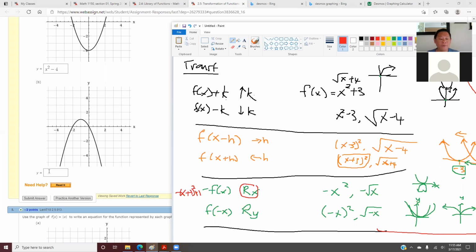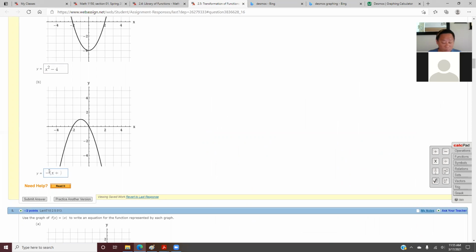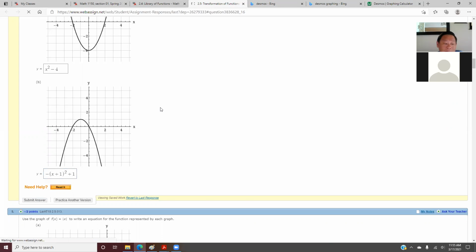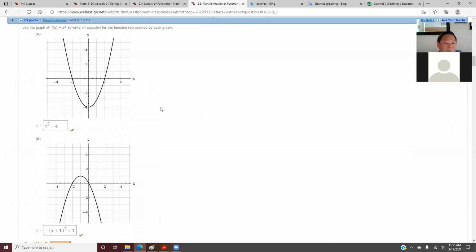So this graph is actually negative (x plus 1) squared plus 1. That means negative is reflection over the x-axis. Plus 1 inside means move to the left 1, and then plus 1 outside means you move up. Is that difficult? No, I understand it now.